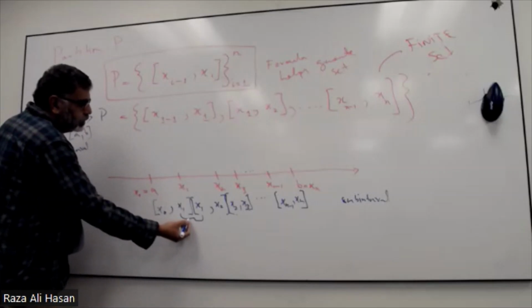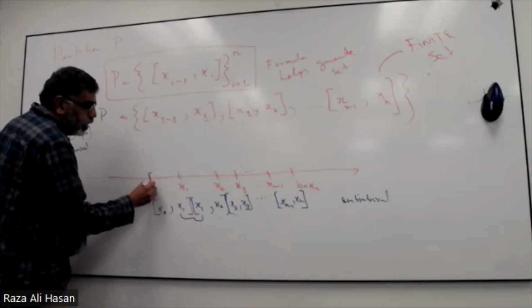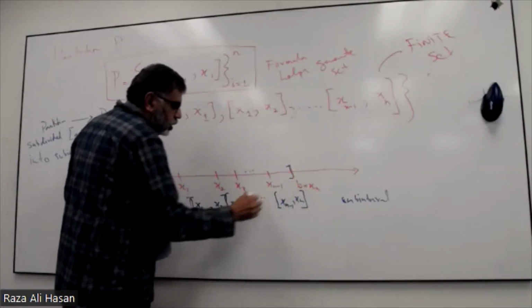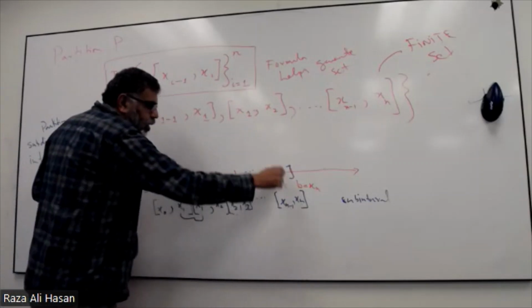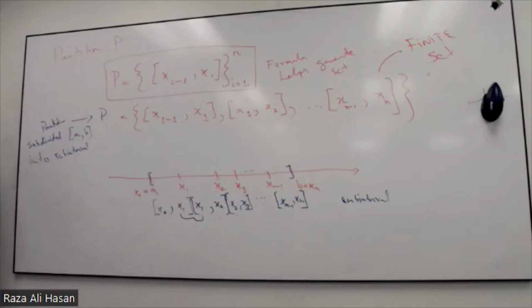This guy here is a subinterval of AB. So is this one. These subintervals make up AB. Yeah, okay. Now what do we do?